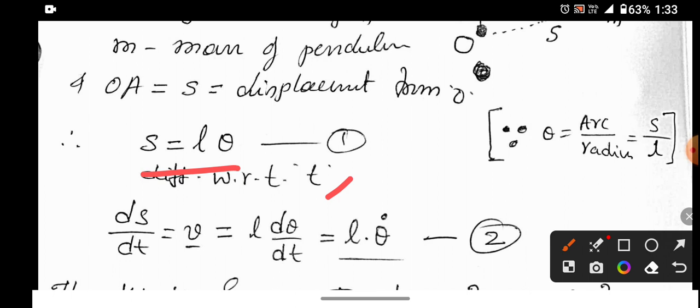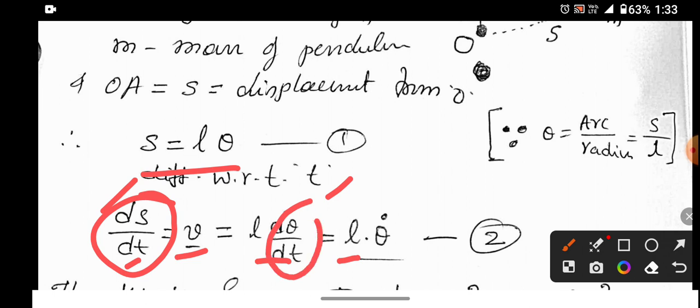If we differentiate this, it gives ds by dt equals L into d theta by dt. But ds by dt is nothing but velocity, and L is the effective length. d theta by dt can be written as theta dot.